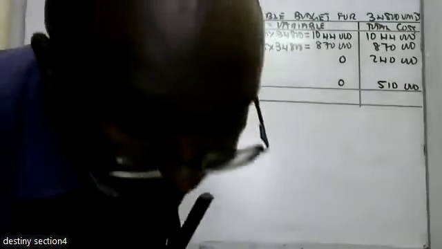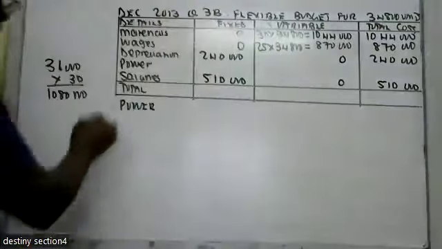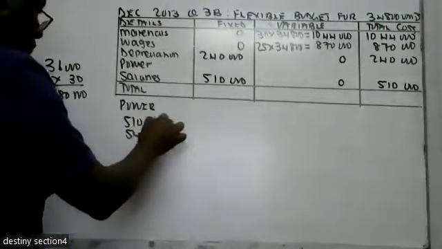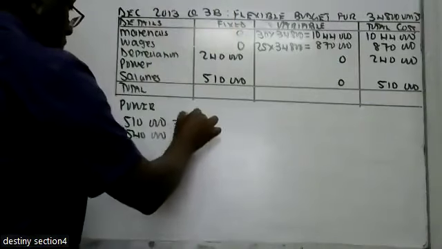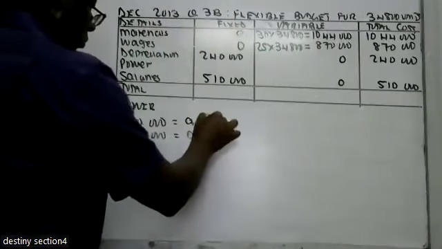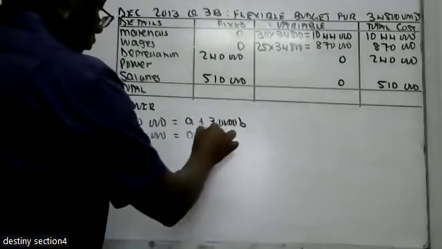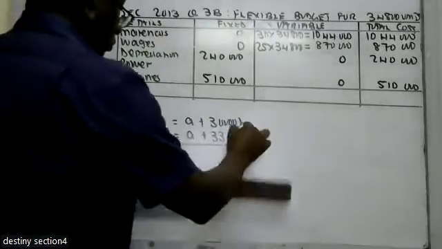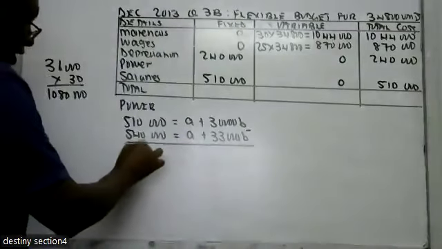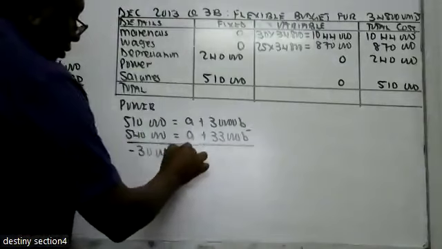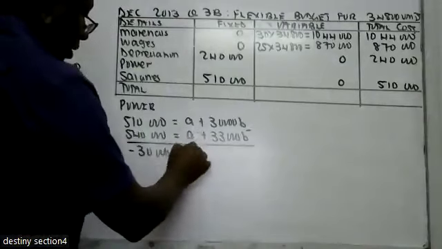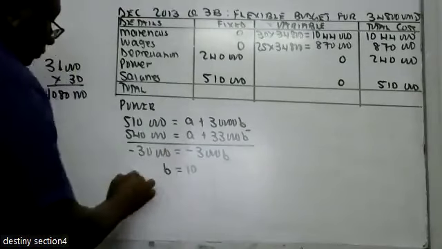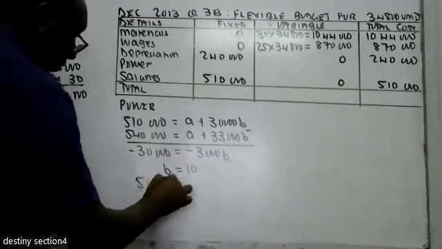Hawa wako na 510 na 540. So this is minus 30. This is minus 3,000 b. So b should be 10. So 510.